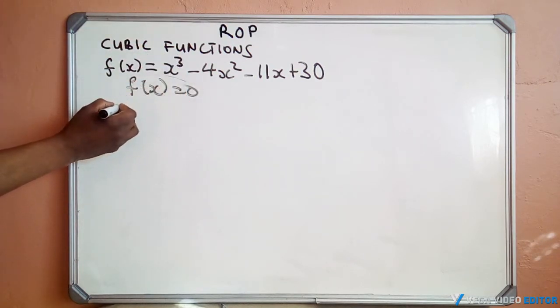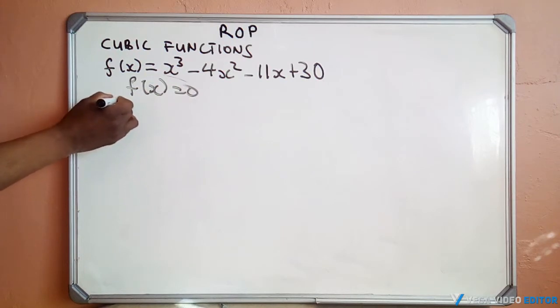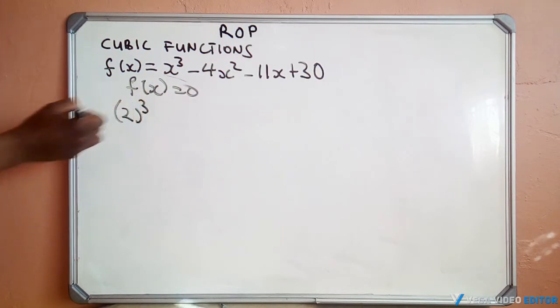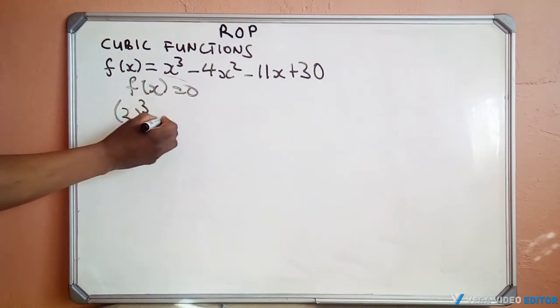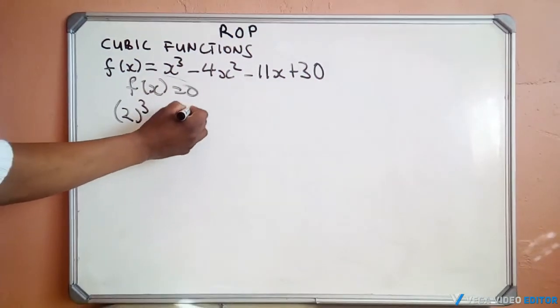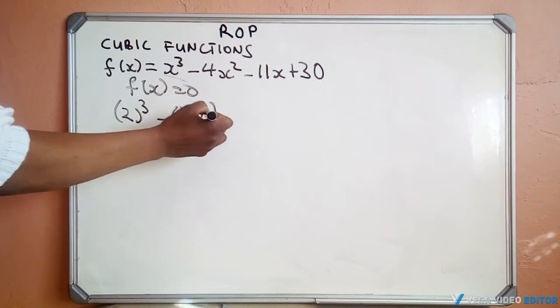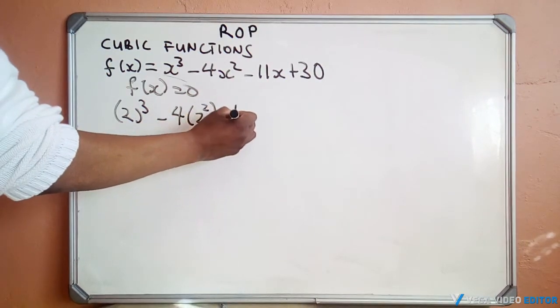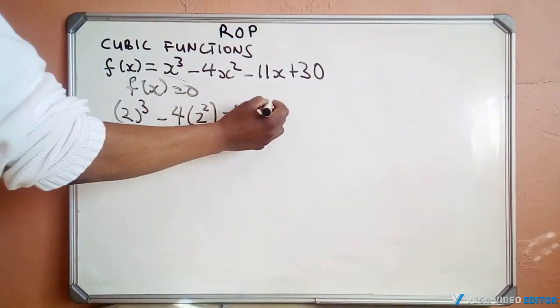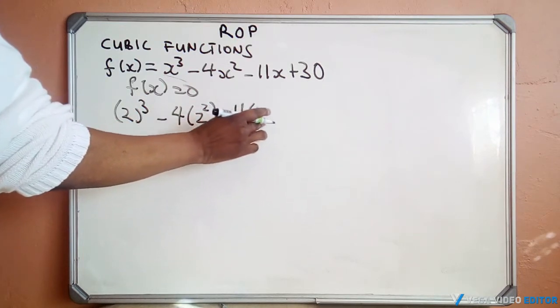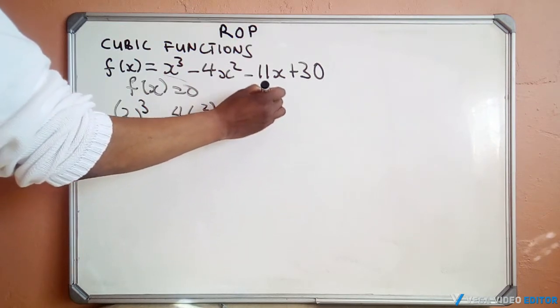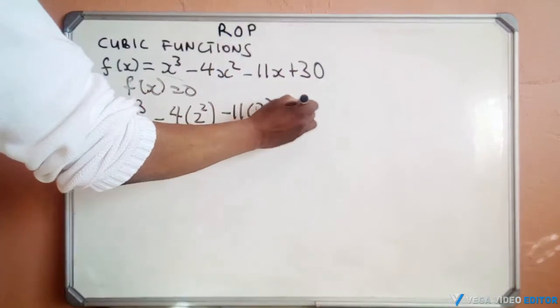All right. And this will be 2 to the power of 3, that is 2 cubed, minus 4 times 2 squared, minus 11 times 2, plus 30.